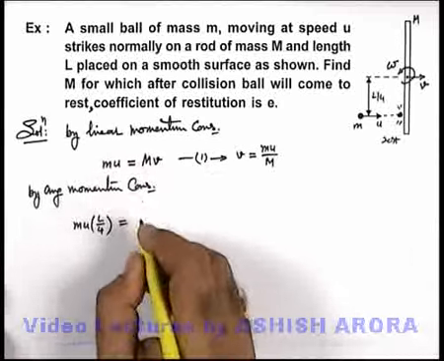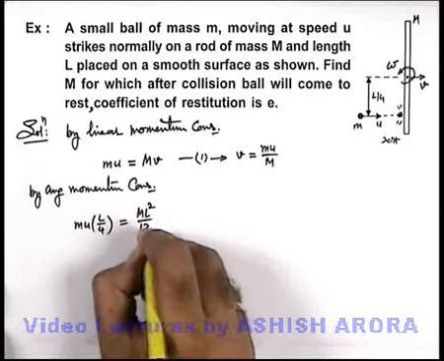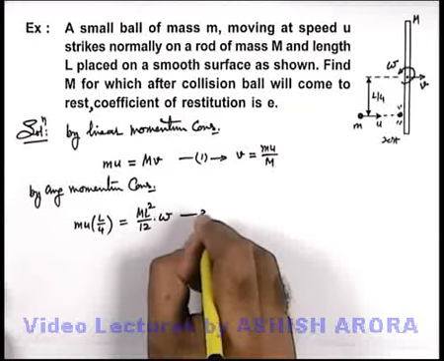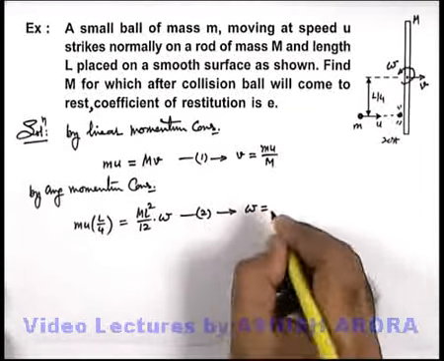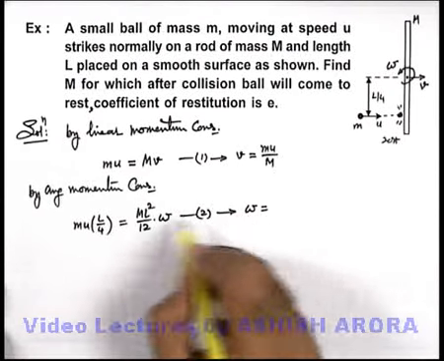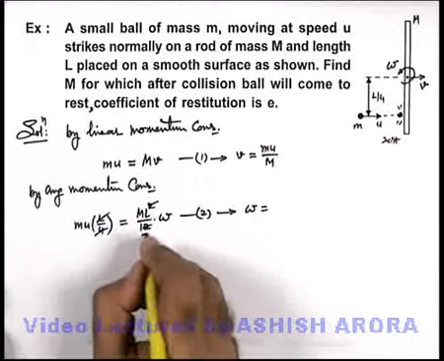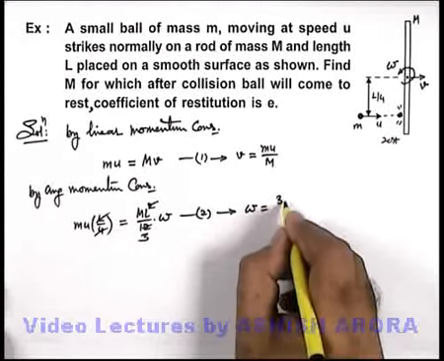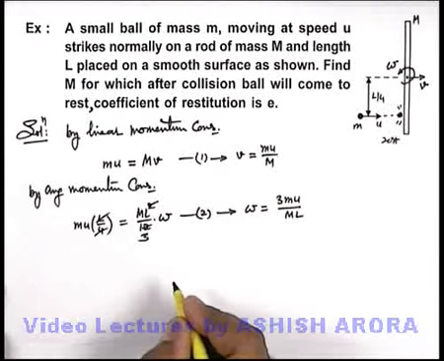So for the rod, we can write its angular momentum to be I omega, which is M L square by 12 into omega. This is our equation 2, from where we can get the angular speed of rotation of the rod after collision, which is 3 m u by capital M L.